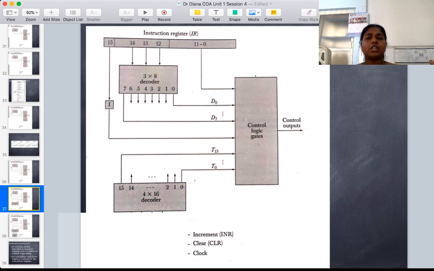Imagine I have generated time cycle T0 and I load the address register in the case of a read instruction. The read instruction puts the address into the address register at time cycle T0. At time cycle T1, the memory releases the data onto the bus. At time cycle T2, the data is absorbed by the accumulator from the bus.